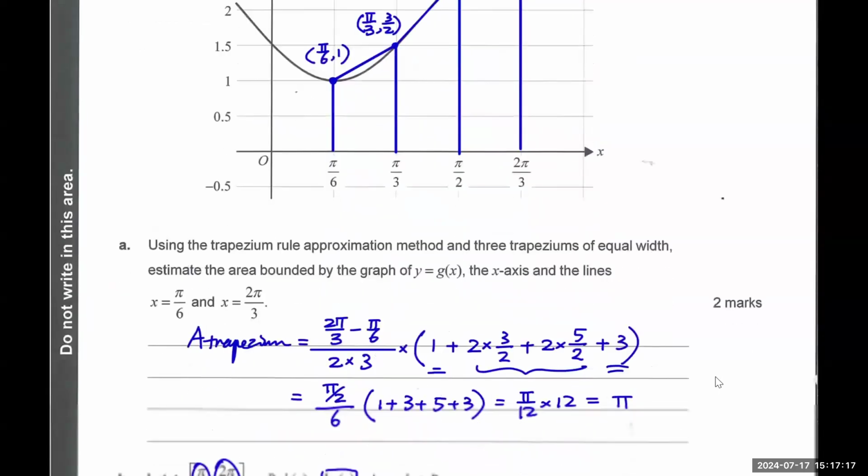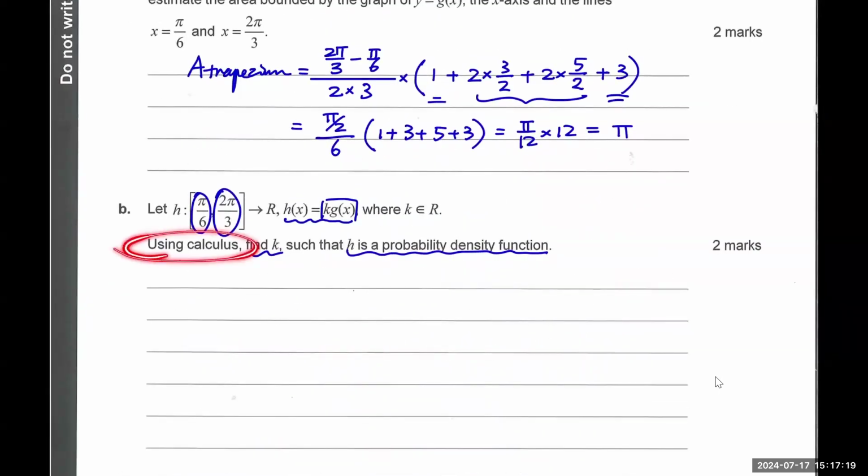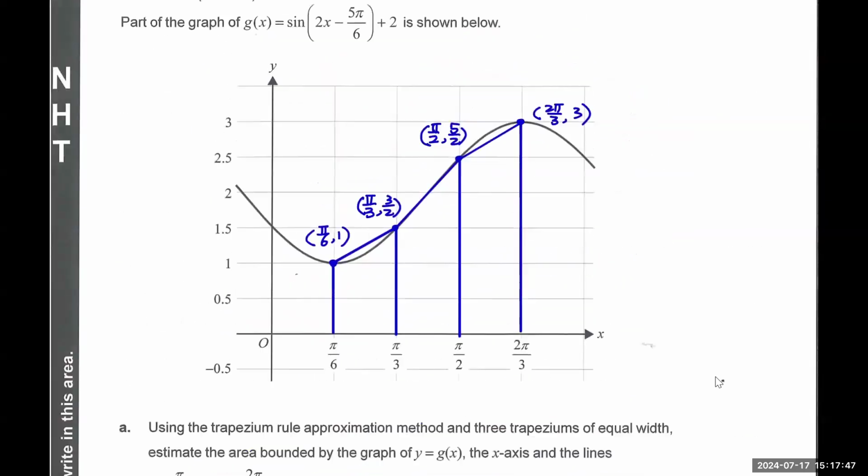But even if you notice this, the question says using calculus, you still have to show some antiderivative. For example, I know the area under g(x) is going to be pi. So you could say, okay, from pi over 6 to 2 pi over 3, and then you integrate this function.